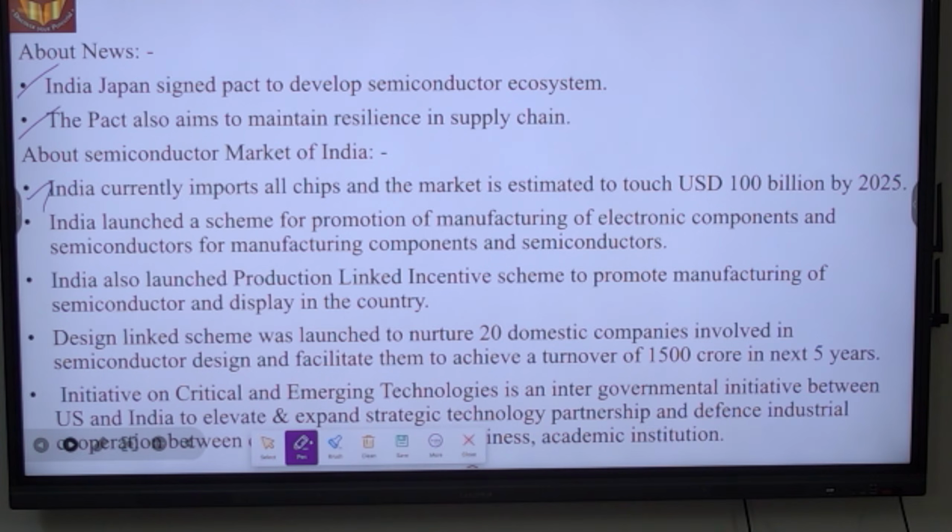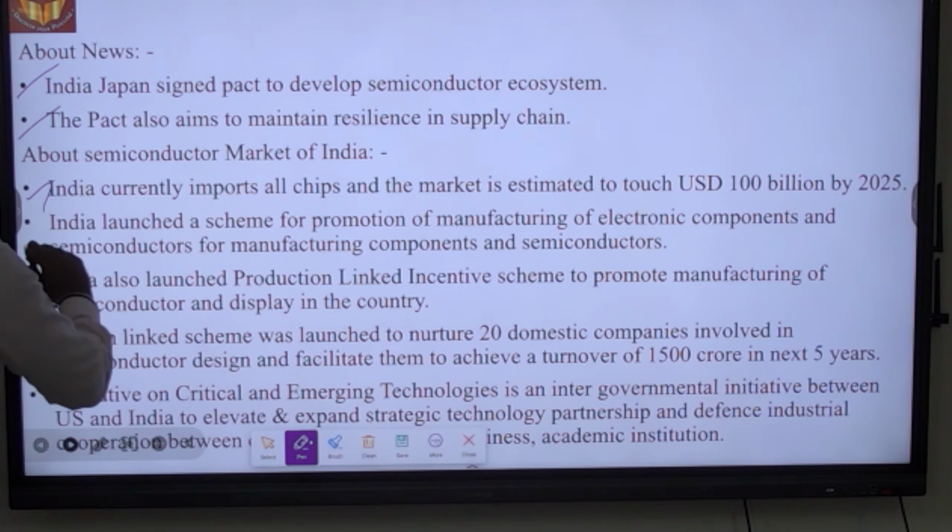So if it is digital and smart, and smart technology is going to be in use in our daily lives as well as our professional life, then there is a requirement for semiconductor chips, because those digital technologies as well as these smart devices will be made of this kind of semiconductor chips only.